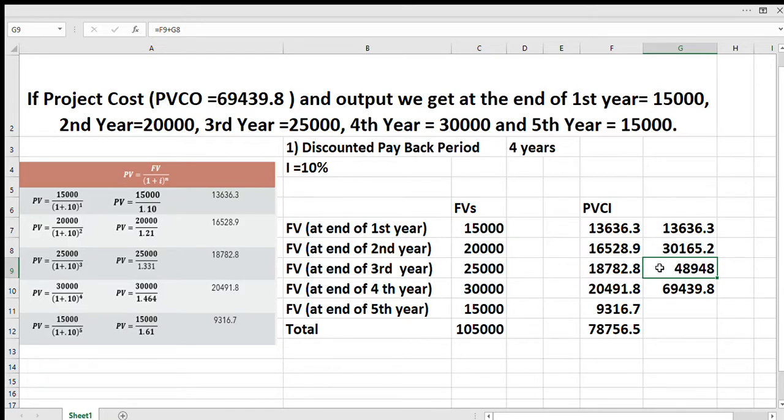So this is the investment that we get back, the discounted amount. This is why the term is referred to as discounted payback period. The number of years in which we get our investment back is called the discounted payback period.